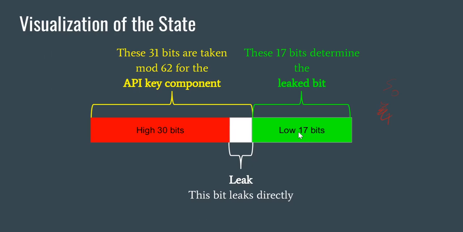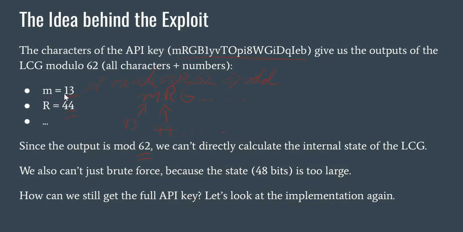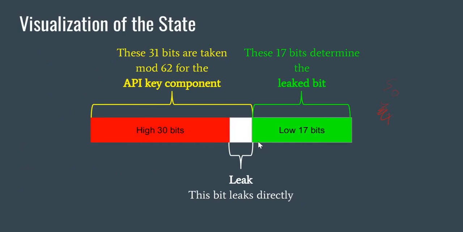Brute force through all bits and then see which 17 bits in the beginning led to these patterns of ones, like odd, and zeros, even, and so on and so forth, with all the characters of our personal API key. This works because this bit here is only affected by bits lower than it, so by the lower 17 bits. And these 30 bits are only affected by bits lower than them.